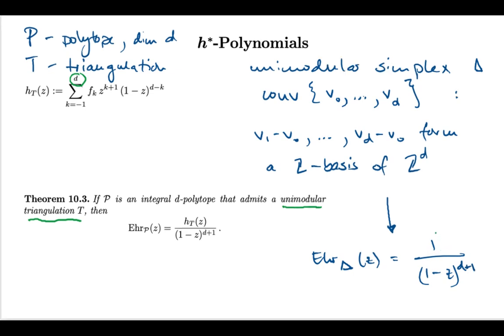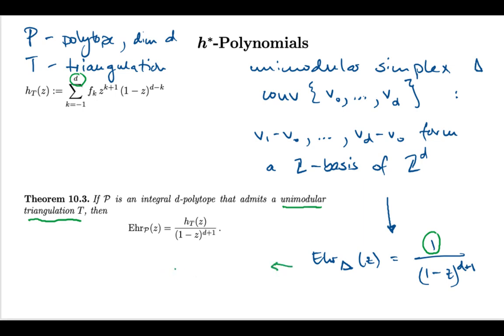So it's this one that allows us to compute the Ehrhart series of the polytope by counting faces of the triangulation. After all, if you have a unimodular simplex, each face is again a unimodular simplex. This doesn't quite explain why the h-polynomial of the triangulation appears, but this is spelled out in detail in section 10.1.